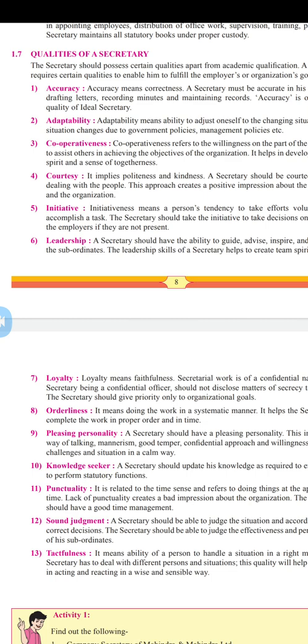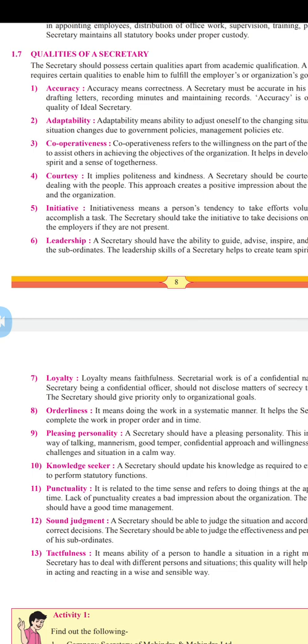Because the objectives of an organization are a matter of teamwork. Not a single worker or employer can achieve the target or objective. That's why if the secretary has this quality of cooperativeness, then he binds all together, and because of that there is a smooth functioning.